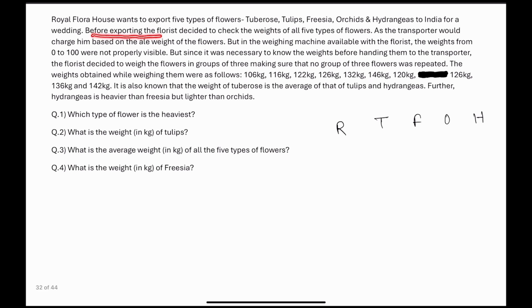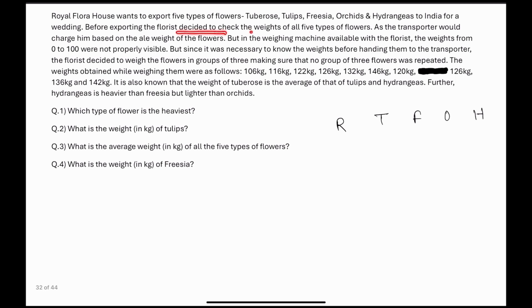Before exporting, the florist decided to check the weights of all 5 types of flowers, as the transporter would charge him based on the weights of the flowers. So the transporter will charge corresponding to the weight of the flowers.